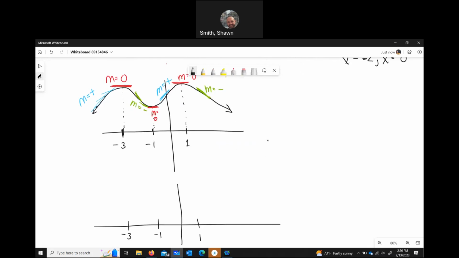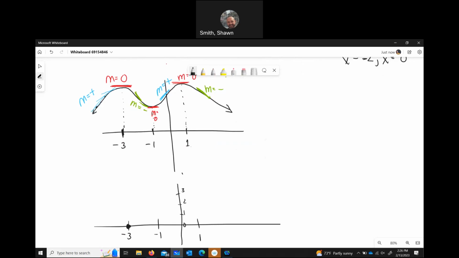We stay positive. Why? The slope value is positive. So our y value is positive. We're above the x-axis, positive, right? Until we get to -3, the slope is 0. Y is 0. That means we're back at the x-axis, right? So right here is 0 for y, right?